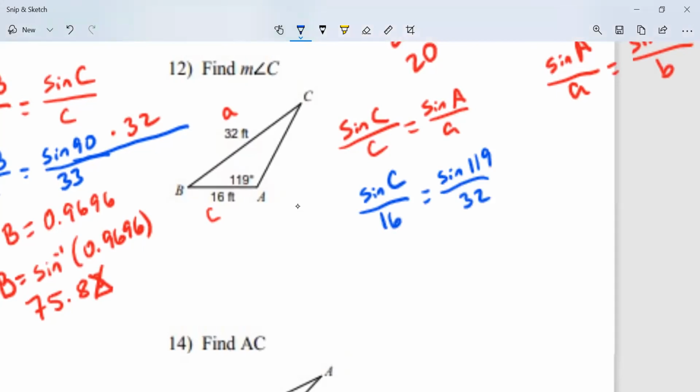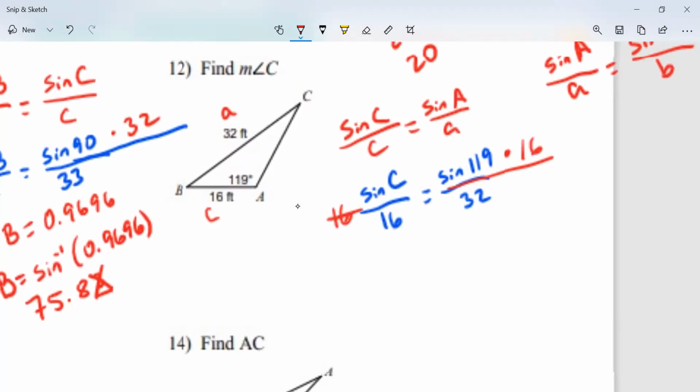To leave sine of C by itself, I have to multiply both sides by 16. Let me extend this fraction. So multiply this by 16, multiply here by 16. Remember, as a reminder, I always write multiplication on top of the fraction. So I have that sine of angle C is equal to, let me multiply that out.